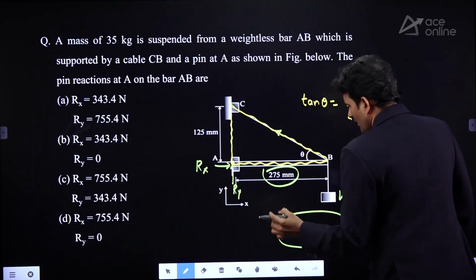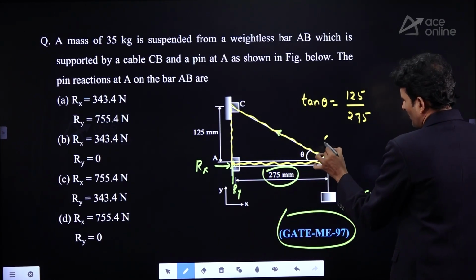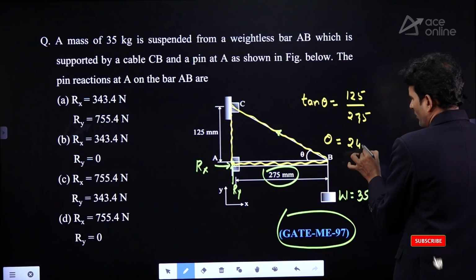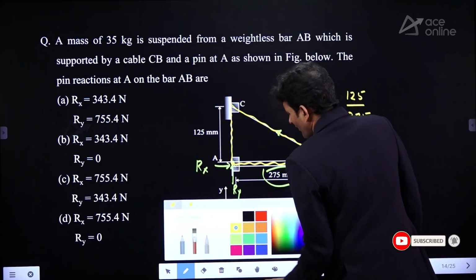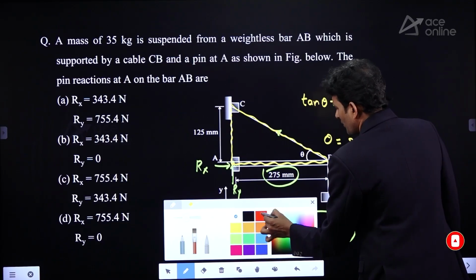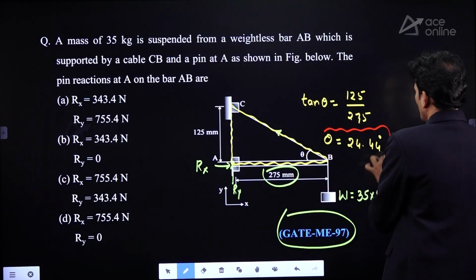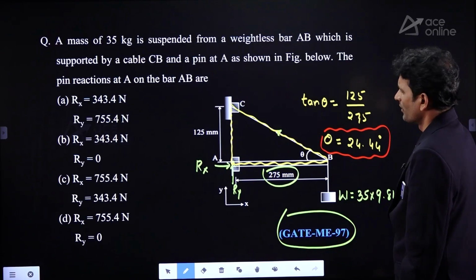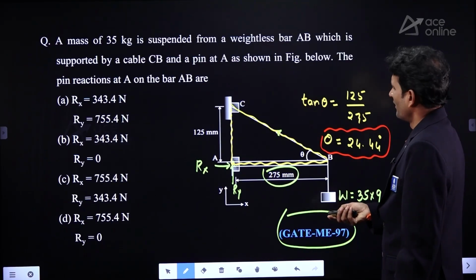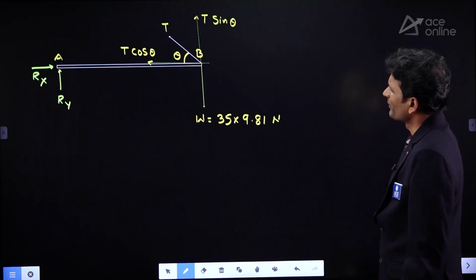Is it right or not? Exactly. Then theta equal to 24.44 degrees. Theta we are having this one. Good.